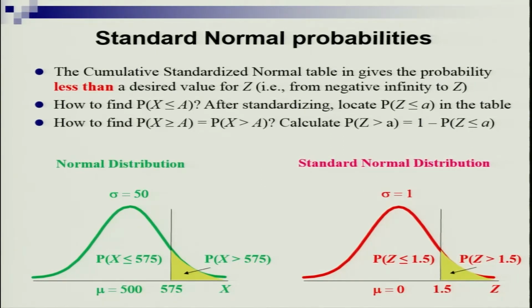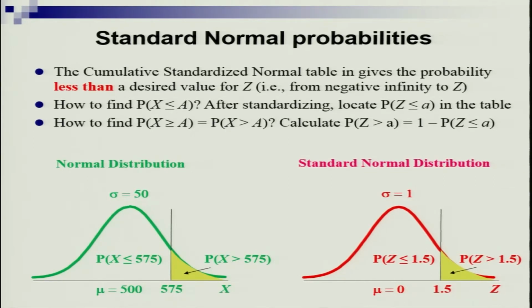Can we mark it in the diagram? Yes, of course. The area below the normal curve, capped at the value x equal to 575 by drawing the vertical line at that number, gives me the area. So how to look at the area?